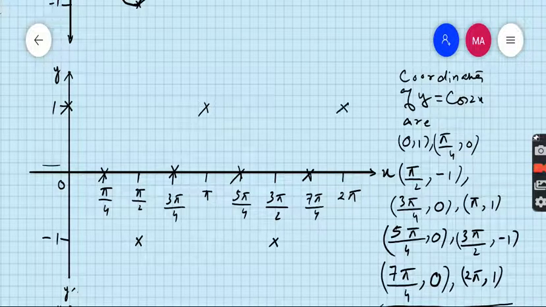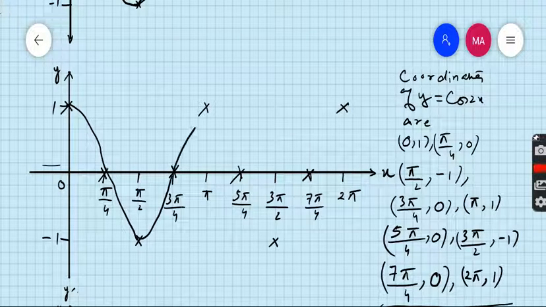Because the period is 2 pi, our graph must repeat after 2 pi radians. Join all the points. I am trying to draw as good a graph as I can.